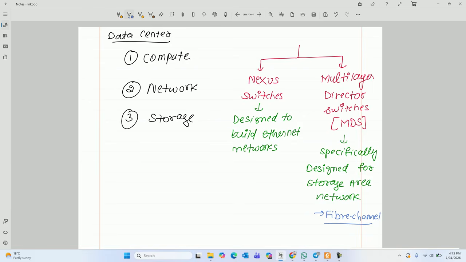There we use fiber channel addressing. I hope it makes sense now.